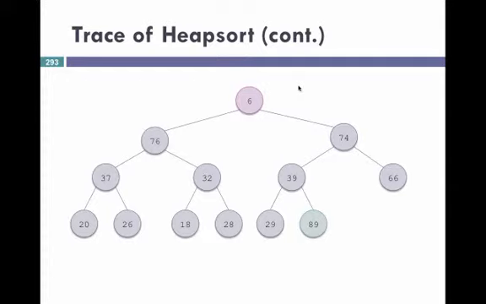So we'll move up 76 as the largest item, then 37 is the largest child, and finally 26 is the largest child. So now the remaining structure is a heap with the largest value of 76 at the root of the heap.